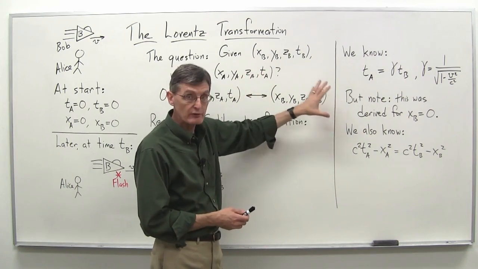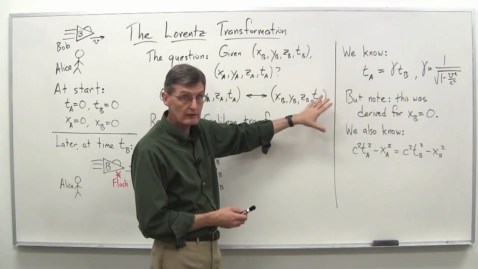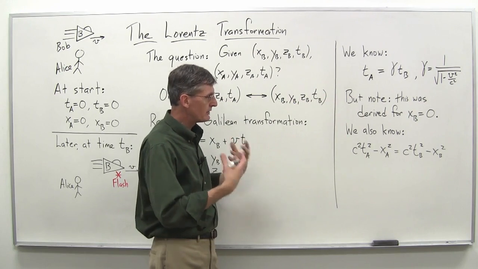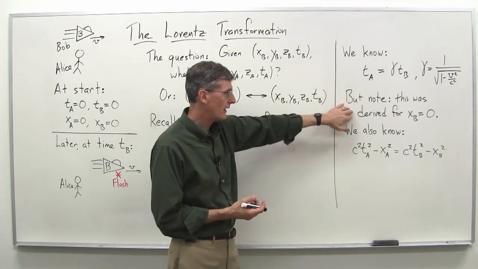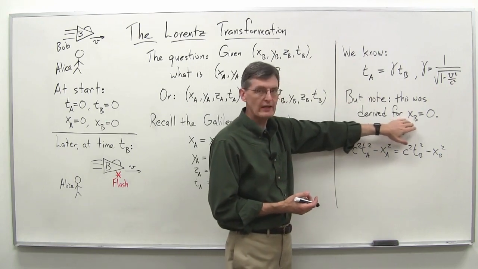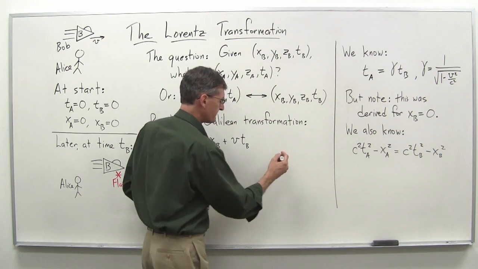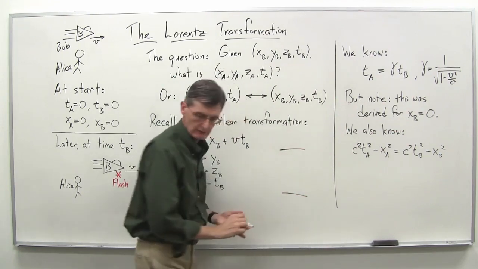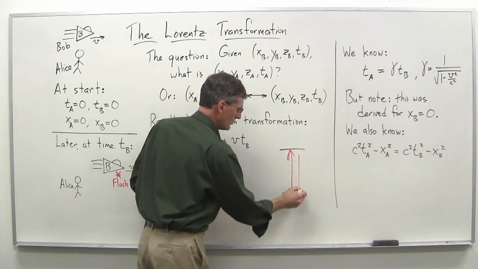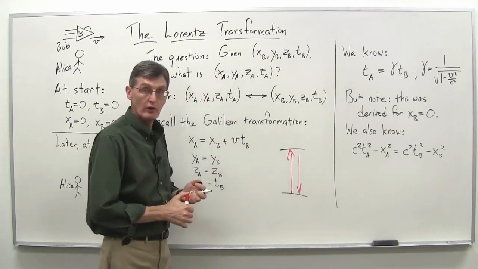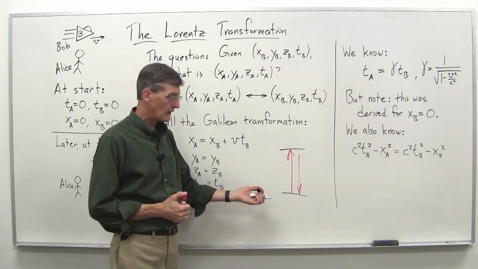Remember how we derived this? We derived this using the light clock, and didn't make a big deal of it at the time because it wasn't important then. But this was derived for Bob's location at 0. Because remember in the light clock, we have it here, and we have our light bouncing back, going up and down. That's what Bob is seeing on his light clock.